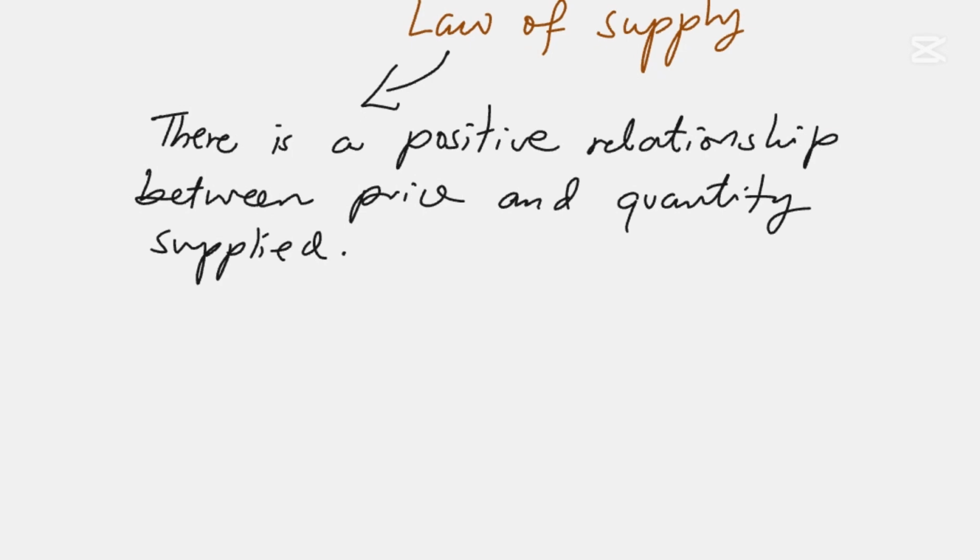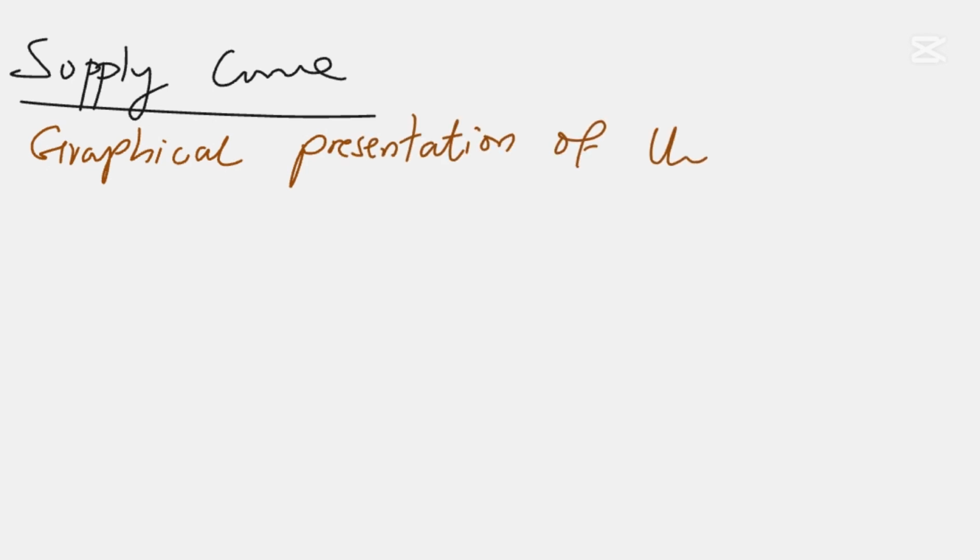Good. Moving forward, let's look into something different still under supply. Here we want to focus on the supply curve. Just like we did with demand, the supply curve is simply a graphical presentation of the supply schedule. You see the figures we had there? We are just plotting them on a graph.